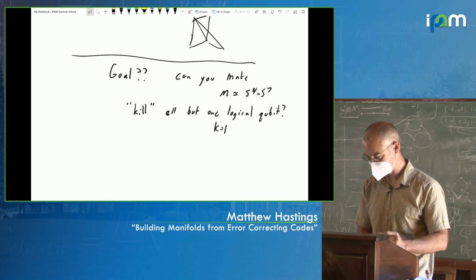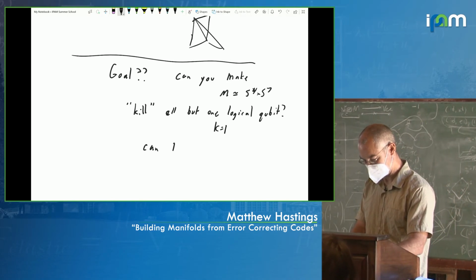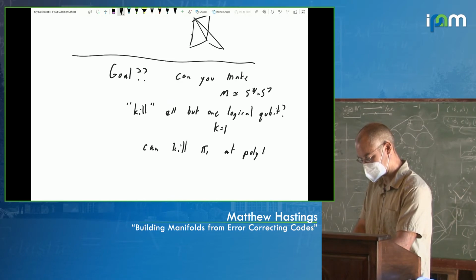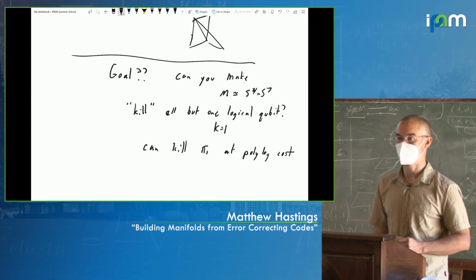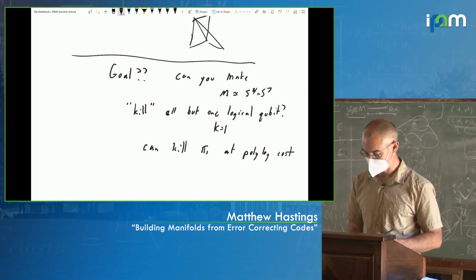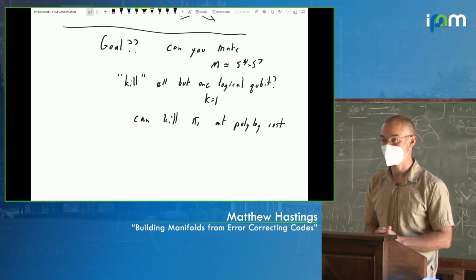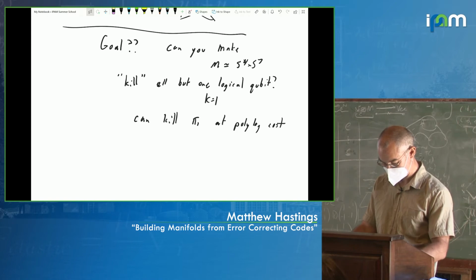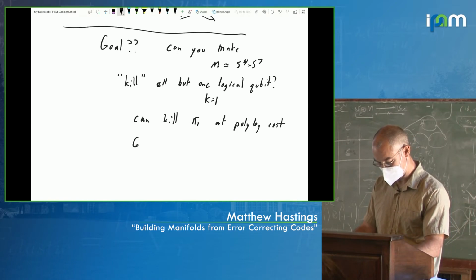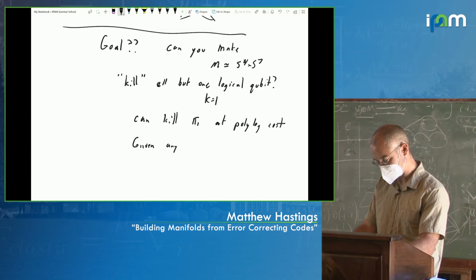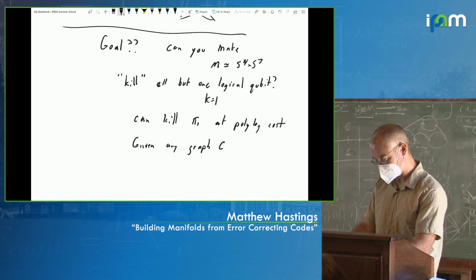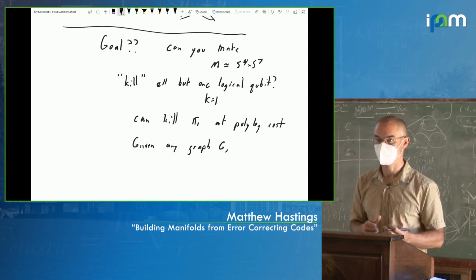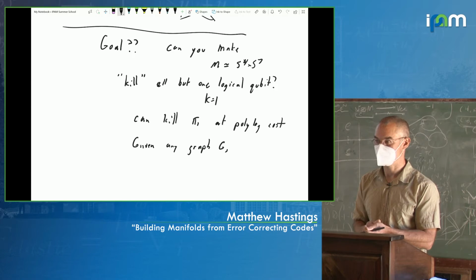However, you can kill pi1. You can kill pi1 at a polylogarithmic cost in the number of cells. This is a consequence of a result in graph theory, a purely graph-theoretic statement. It follows from a statement that given any graph G, you might want to ask, can you come up with a basis of cycles that will kill pi1?